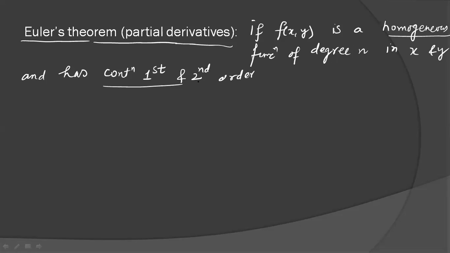This is a very important line. For the statement of Euler's theorem, continuity of first and second order partial derivatives is required. It is not given in many local books, but this is a required condition. Then only the mixed derivatives will be equal.